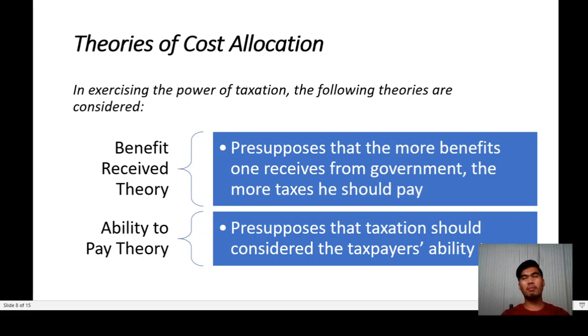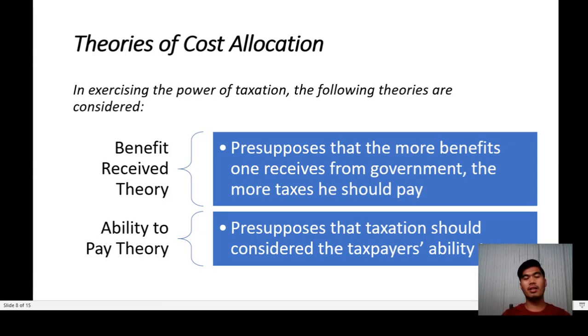So for example, kung marami kang income, or kung marami kang na-receive na benefit from the government, it is your obligation na magbabayad ka rin ng mas malaki na buwis sa government.